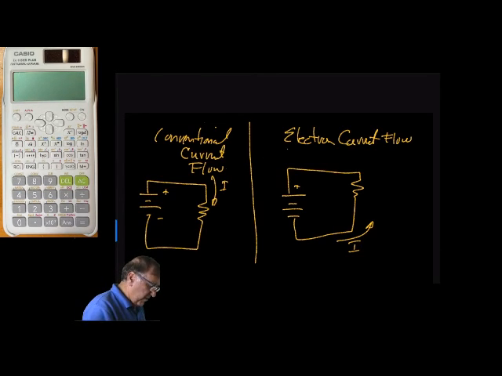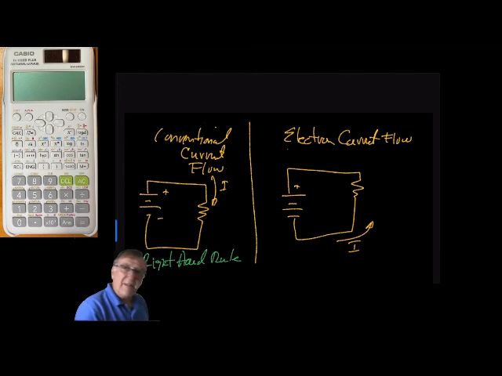So with conventional current flow, we use the right-hand rule. That is when we have current flowing from the plus to the minus. We call that conventional current flow. We also have electron current flow, which is actually the way current flows from minus to plus, which would be this way.